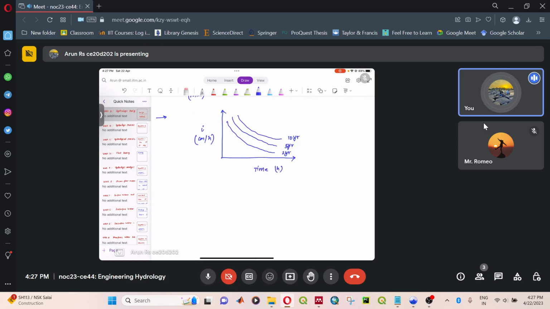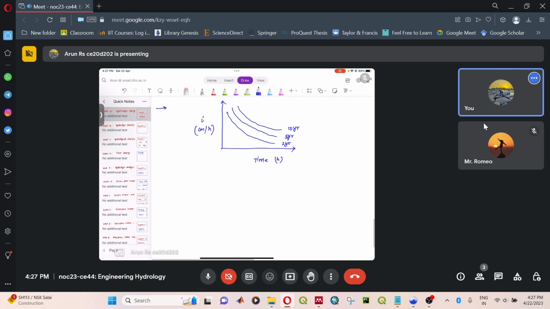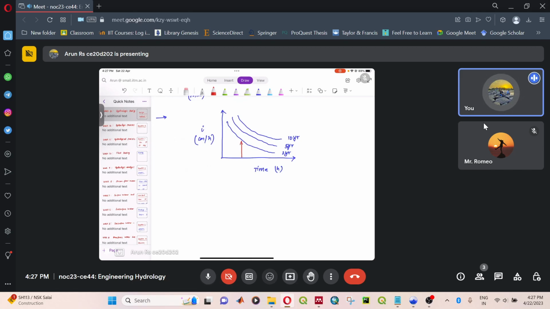So once we get this IDF curve, we can choose a particular duration, and this duration can be your time of concentration for your catchment. And you can select for different return periods. Typically, storm drainage systems are designed for 1 in 5 year return period.